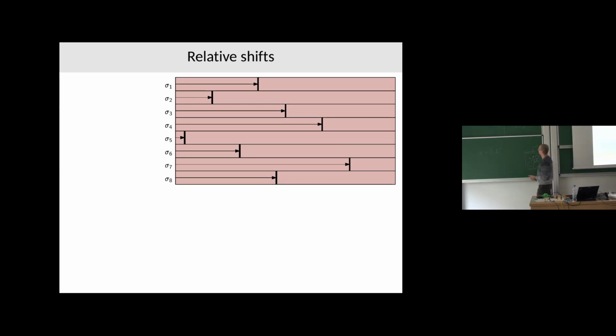When we are discussing in how many ways we can choose the next shift to not kill too many monochromatic columns, it doesn't matter for us where these columns are or how they are shifted cyclically. So relative shifts are what matters. So we are going to work with relative shifts.